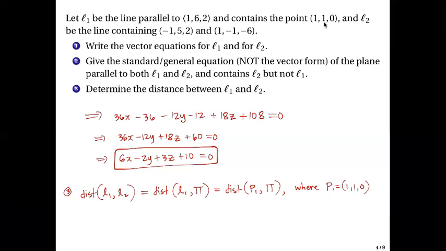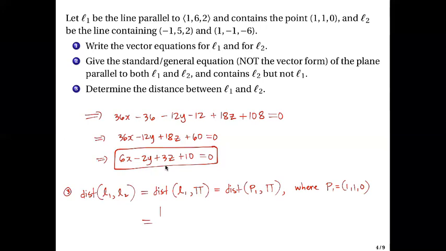So therefore, the distance is simply, we have the distance formula from a point to the plane. So in the numerator, you just copy this, replacing the x, y, z with the coordinates 1, 1, 0. Take note that you can use this formula when you have written the equation in its general form. So everything on the left-hand side, on the right-hand side must be equal to 0. So the constant part, if it is not 0, it must be with the variables.